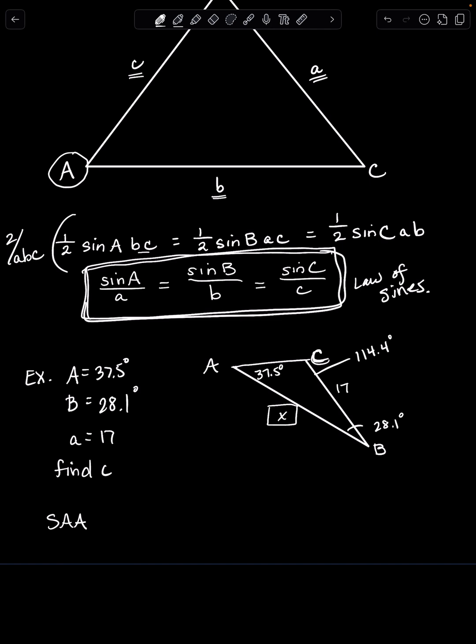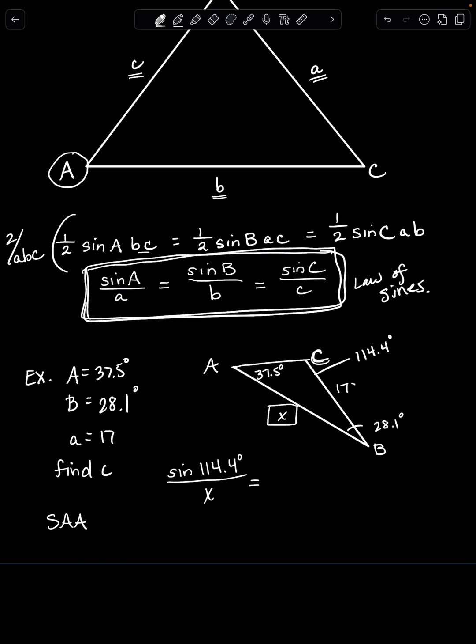All right, so I'm going to use that to set up my proportion. I've got sine of 114.4 over my unknown, which is x in this case, or C if you wanted to keep it labeled appropriately. And that is going to equal another ratio.